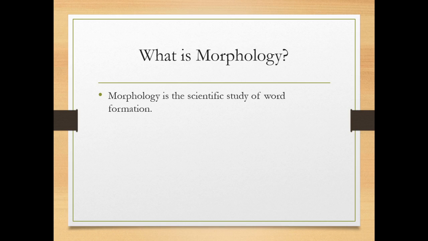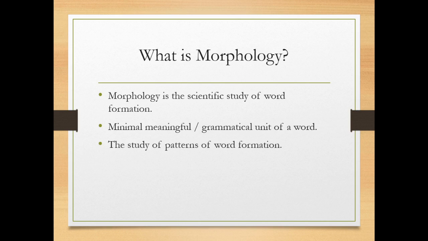What is morphology? Morphology is the scientific study of word formation, or we can say morphology is the study of morphemes, or we can say that morphology is the study of how words are formed in a language. It discusses meaningful units in a language, morphemes, or grammatical units of words, bound morphemes.